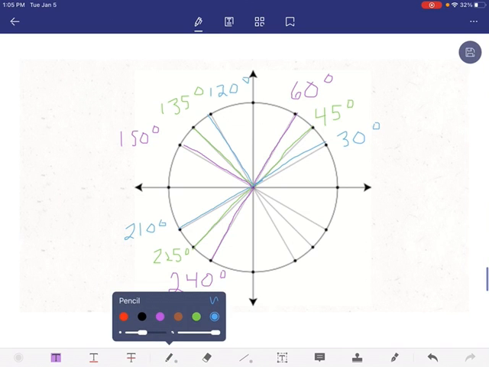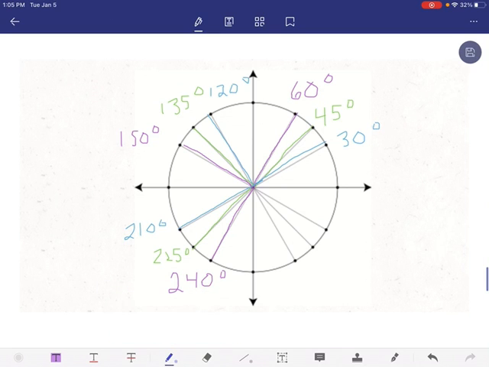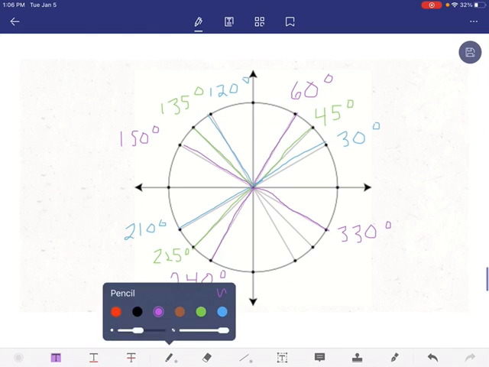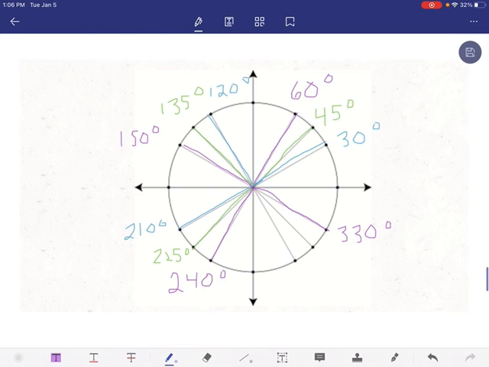And it's going to be pretty similar, except this time we're going to add 180 to the angles that were in our second quadrant. So we would have 150 plus 180, which is going to give us 330 degrees. We would have 135 plus 180, which is going to give us 315 degrees.